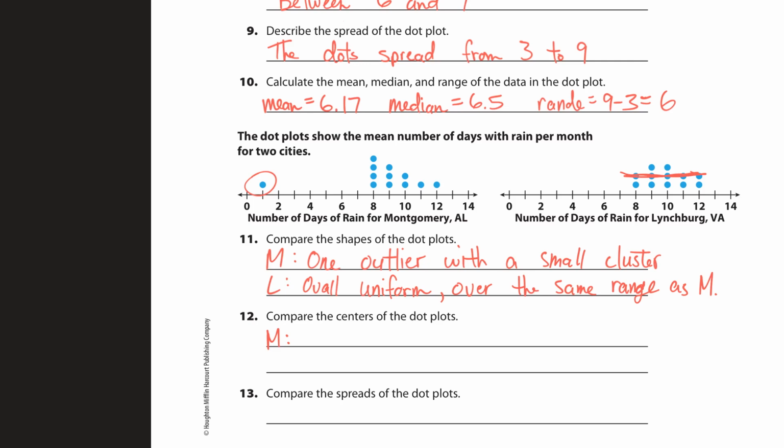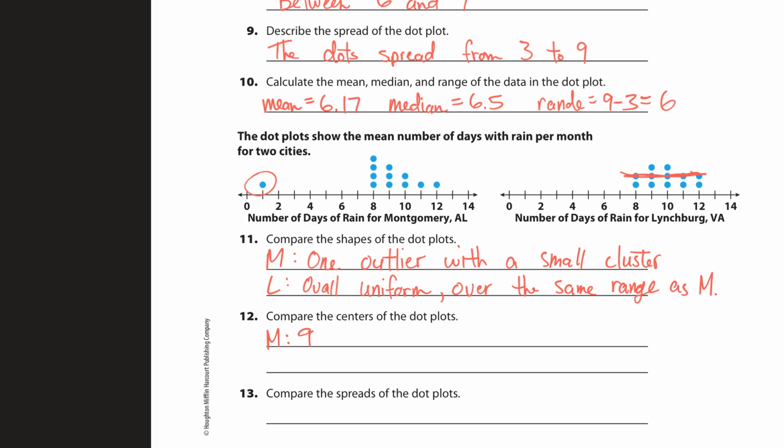Let me count it again. 1, 2, 3, 4, 5, 6, 7, 8, 9, 10, 11, 12. So I got to go 6 in. It looks like it should be 9. So the center would be at 9.